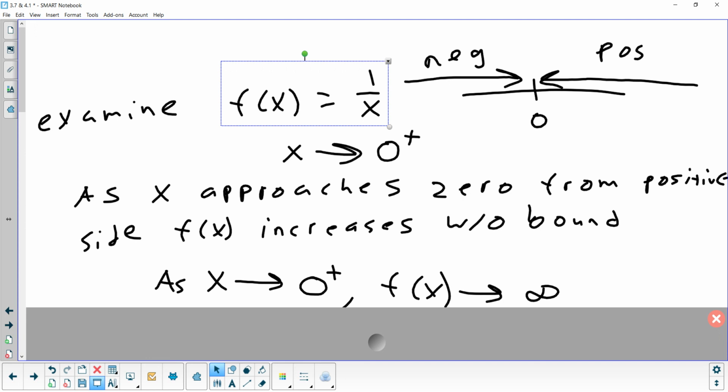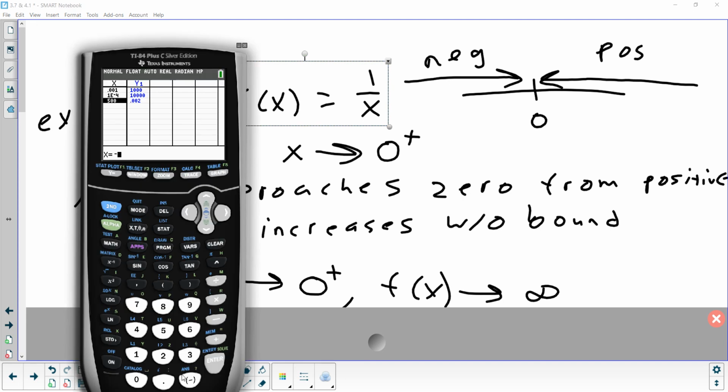So Abigail, what's a number that's really close to 0, but on the negative side? Negative what? Let's get much closer than that. Negative 0.001, sure. And if we plug that in, I get negative 10,000.